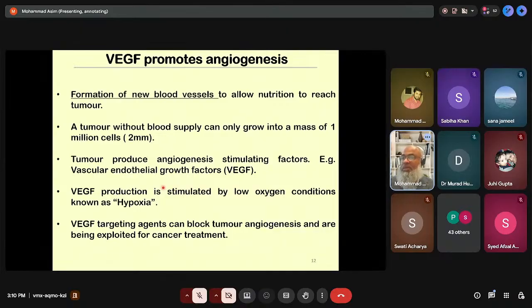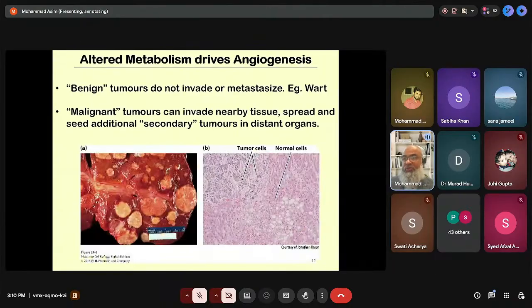So what is known is that the production of vascular endothelial growth factor is important for new blood vessels to form. The vascular endothelial growth factor protein is formed more by cells when they experience hypoxia. So when the cells are experiencing hypoxia, as I discussed previously, they are learning to rely on glycolysis.